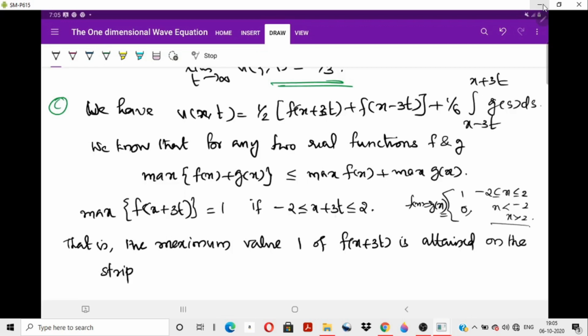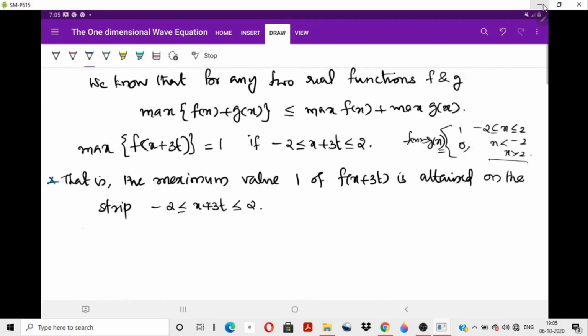This is a vertical strip, since there are two conditions, from x plus 3t equal to minus 2 to x plus 3t equal to 2. So on the strip minus 2 less than or equal to x plus 3t less than or equal to 2, we obtain the maximum of f of x plus 3t.